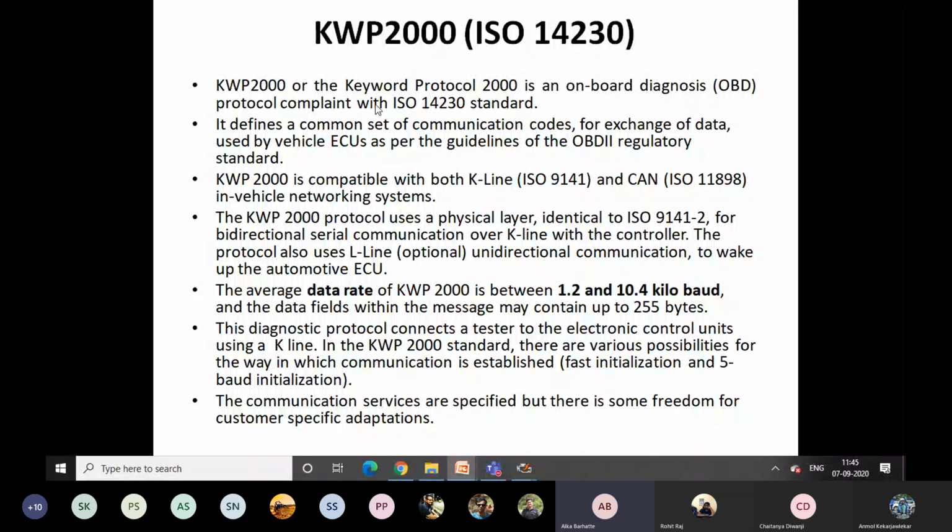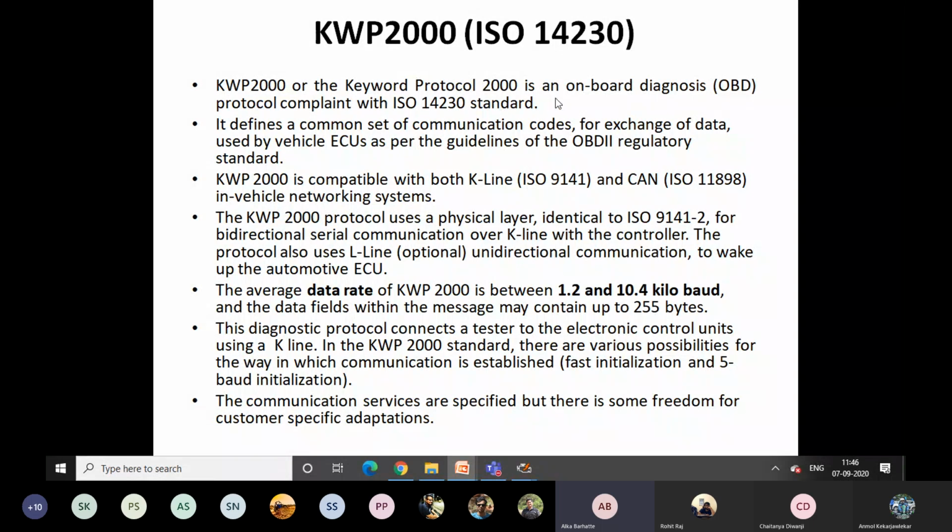So as I said, this is also called keyword protocol, one of the onboard diagnostic protocols which is compliant with the ISO 14230 standard. It is based on this particular ISO 14230, following the rules set by this standard.